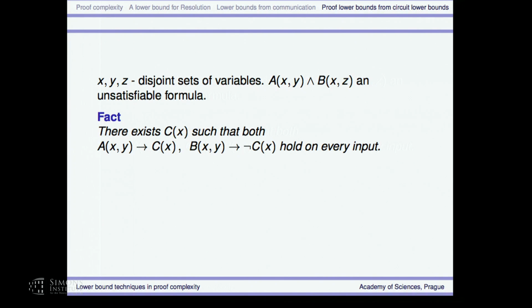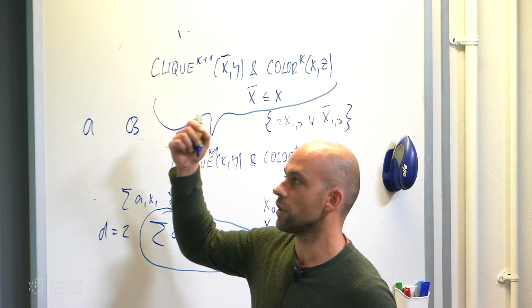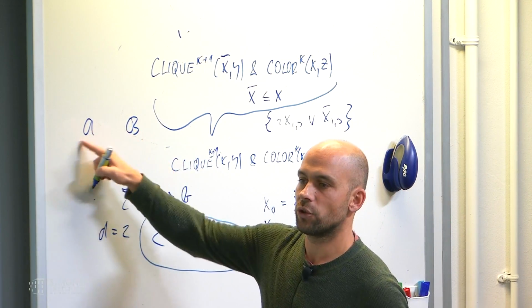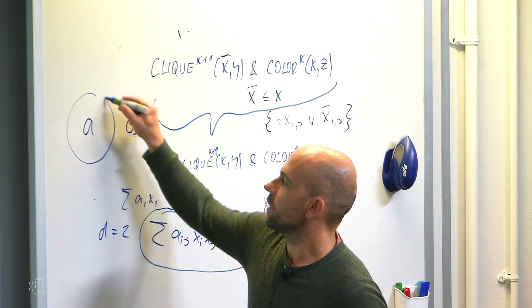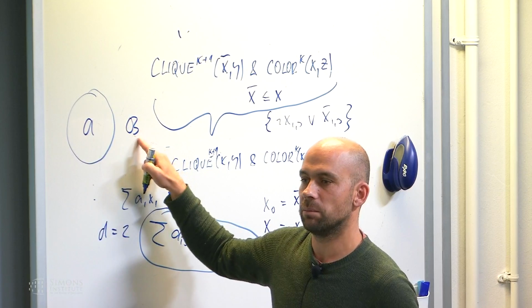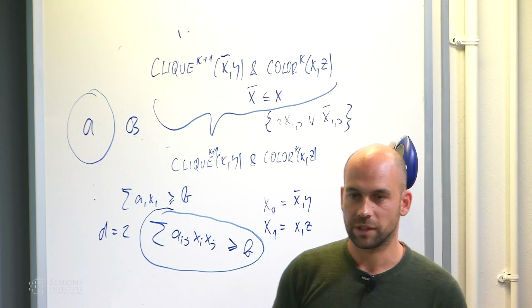This is obvious because, having A and B as unsatisfiable CNFs, if you look at the set A, which is the set of all x's for which there exists y such that A(x,y) holds, and similarly B as the set of x's such that there exists a z such that B holds, then those two sets are disjoint. So it's enough to have C, which is some superset of A, which doesn't contain B. Okay, so such a C must always exist.